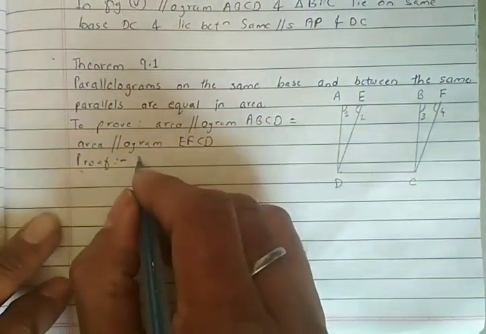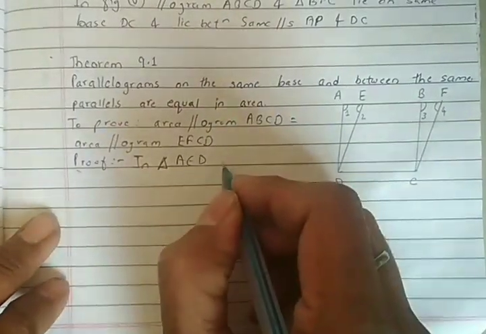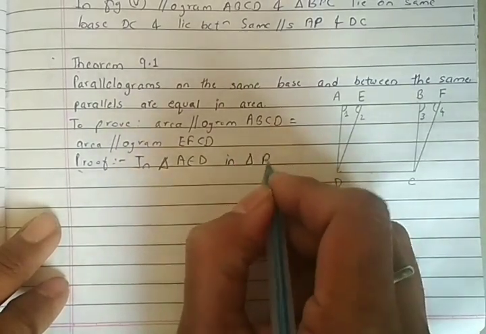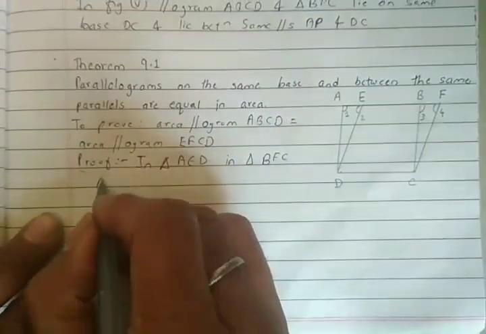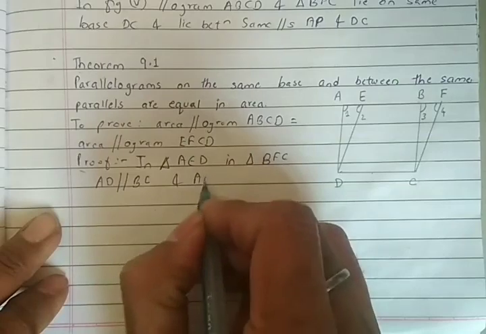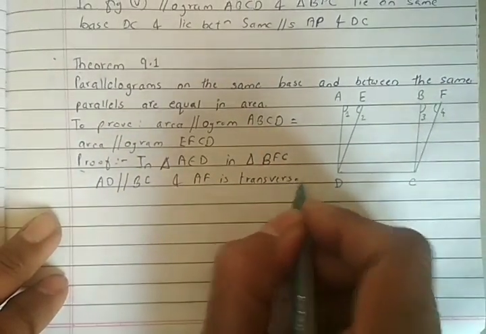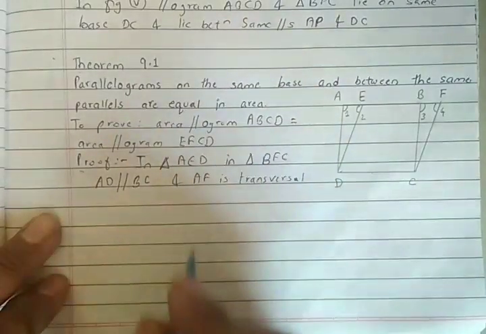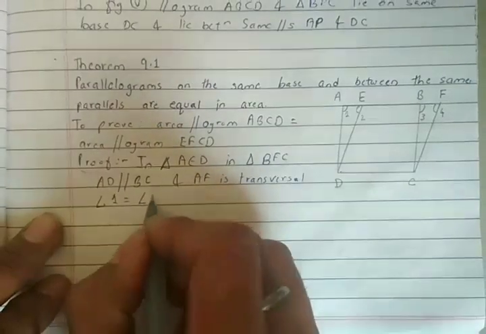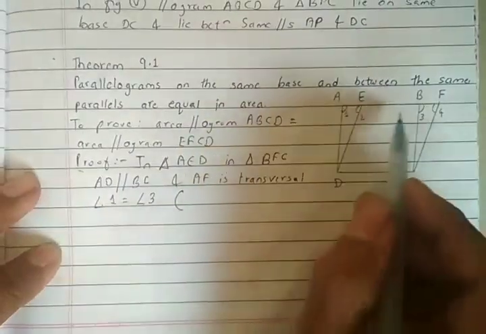For this, we will start with triangle AED and triangle BFC. AD is parallel to BC and AF is transversal. Here angle 1 will be equal to angle 3. This both will be equal. Why?